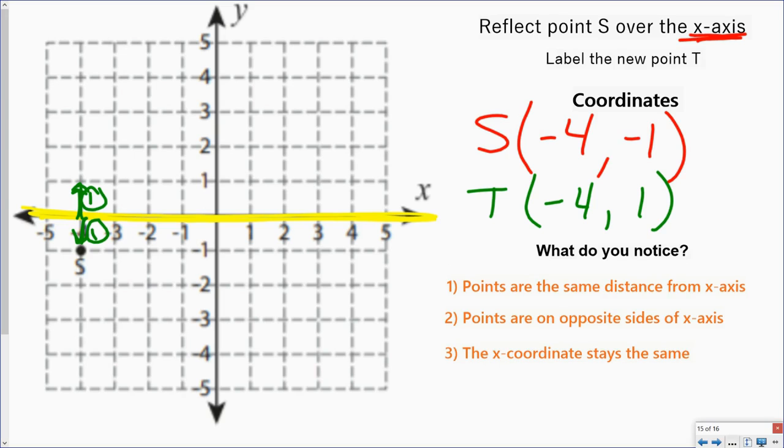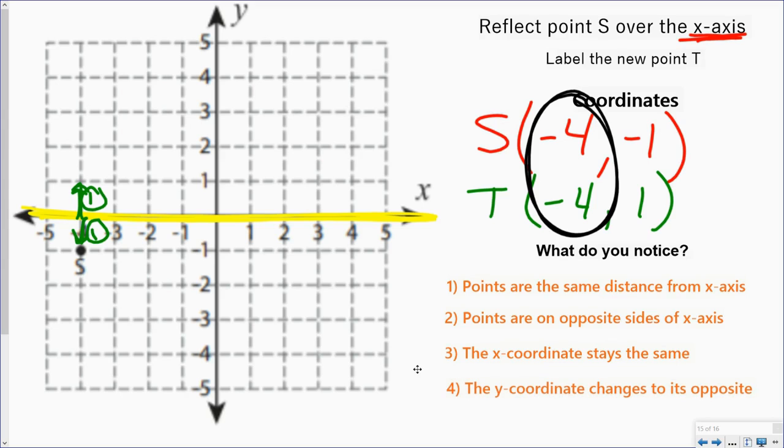So when I look up here at my coordinates, I can see that the x coordinates are both -4. And then the last thing, just as in all of the rest of them, the y coordinate changes to its opposite. So if I look up here at my y coordinates, I have -1 and 1, and those two numbers are opposites.